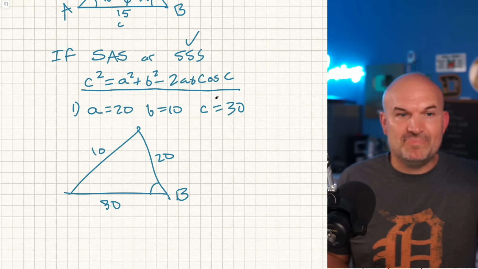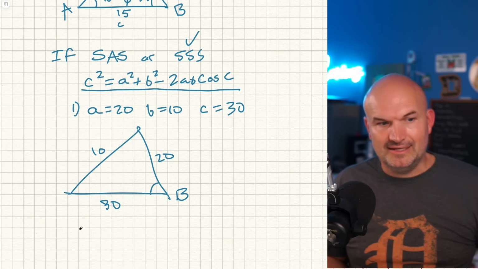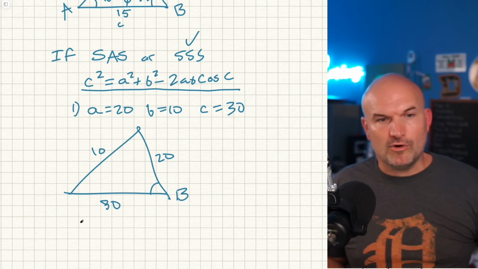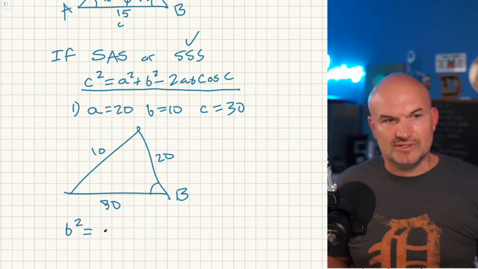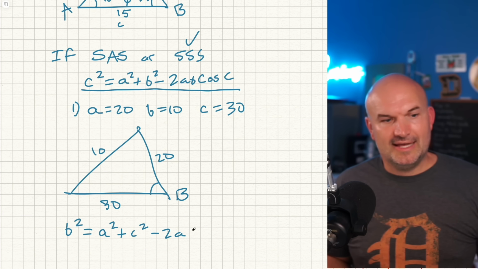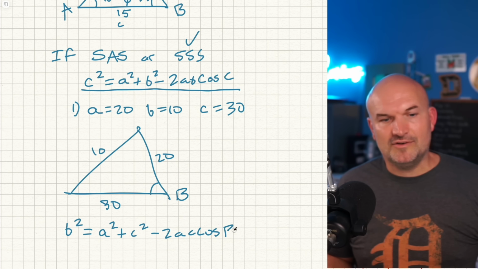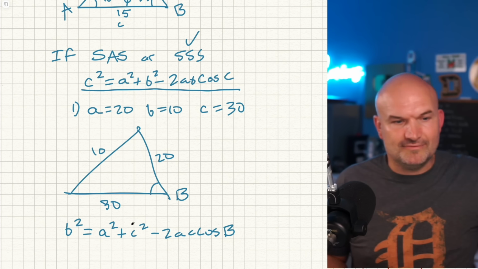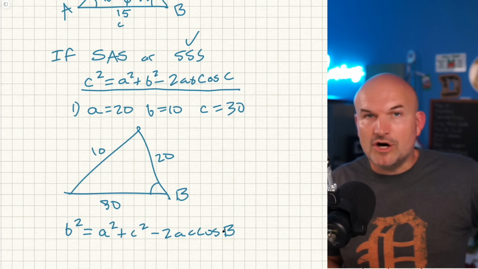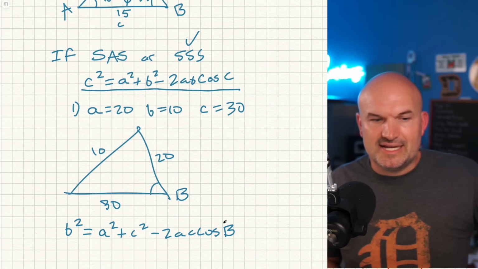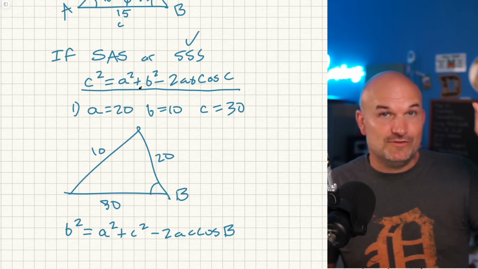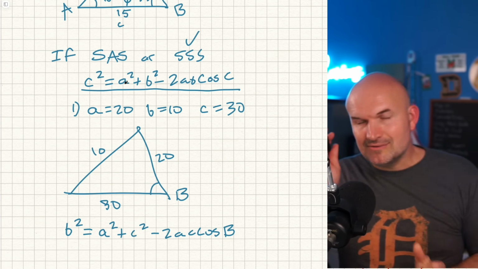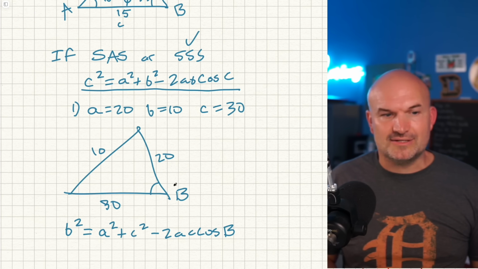So if you want to solve for big B instead of big C, again, there's another form for it, but what I want to really bring to you is I can rewrite this as b squared equals a squared plus c squared minus 2ac times the cosine of big B. Then I can plug in all of the numbers that I have and then go ahead and solve for cosine of B, which again, we'll be talking about taking the cosine inverse. And there's another formula that'll work, but the important thing is I just gave you one formula and you can rearrange those variables however you see fit, okay?